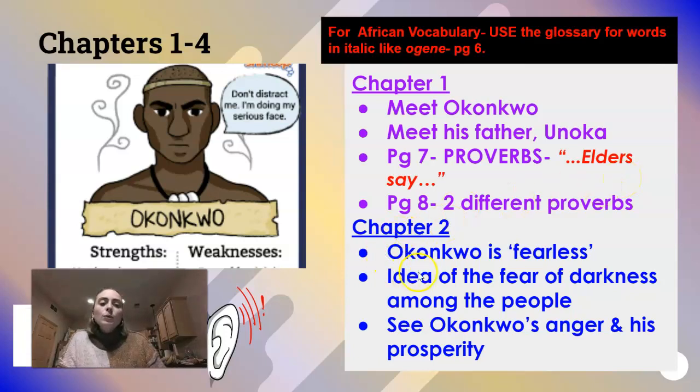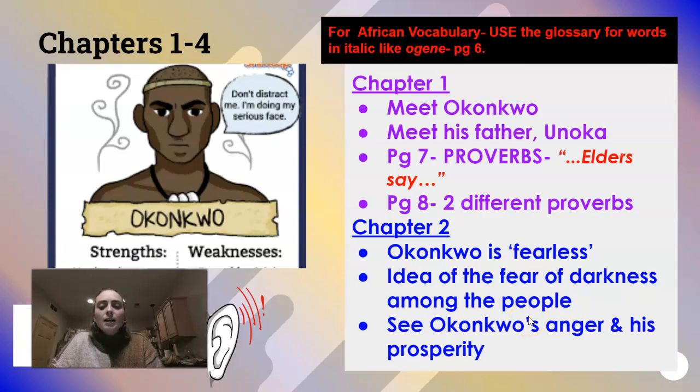In chapter 2, we'll learn more about how Okonkwo is fearless. He's kind of a warrior. He's been in multiple wars. And then we're also going to learn about the village and how the people are really scared of darkness, and they associate darkness with a time of really bad things happening. And we're going to see more of Okonkwo's anger and his violence.